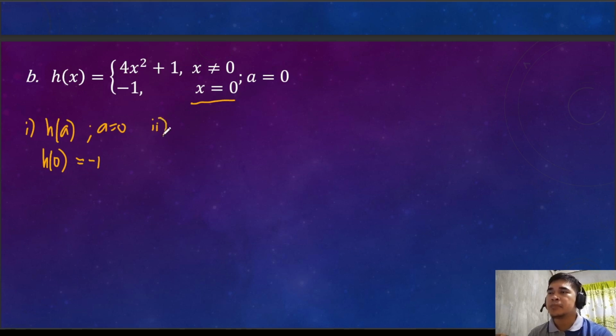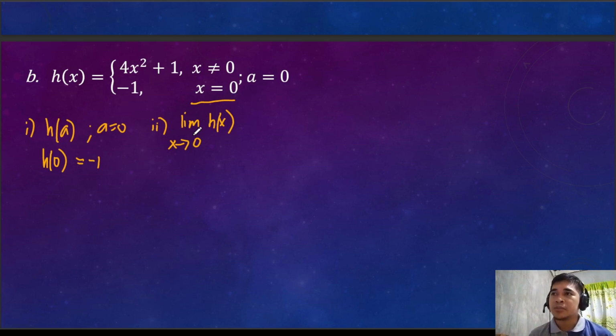For second, we need to find the limit. The limit of h of x as x approaches 0. So meaning, our x is not equal to 0 kundi approaches lang.